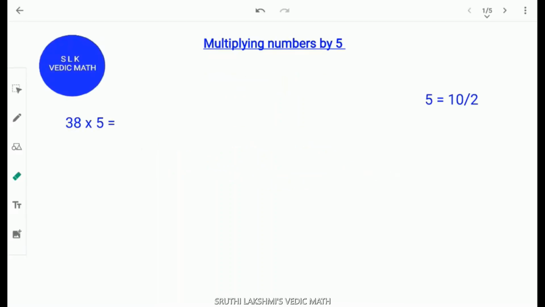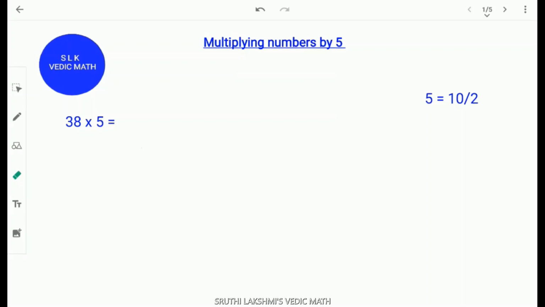Now let's see technique 5. Easy multiplication by 5. Instead of multiplying 38 by 5, we could multiply 38 by 10 and then divide it by 2, which is much easier than multiplying it by 5. 38 times 5.